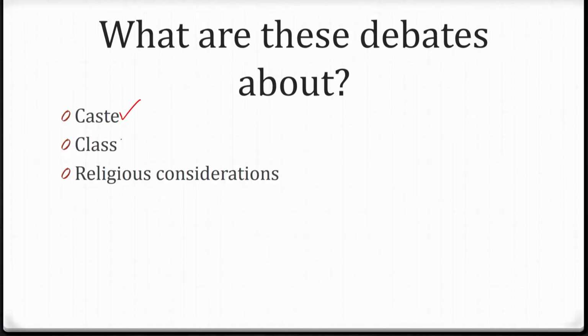She says that these many debates about language, these many debates about which text is more authentic than the other, this is not always about language, this is not always about the merit of a text. On the contrary, this is about caste, class and religious considerations. And in certain instances she talks about, and if we also recall the discussions that we have had here, though that was not necessarily always about caste or religion.